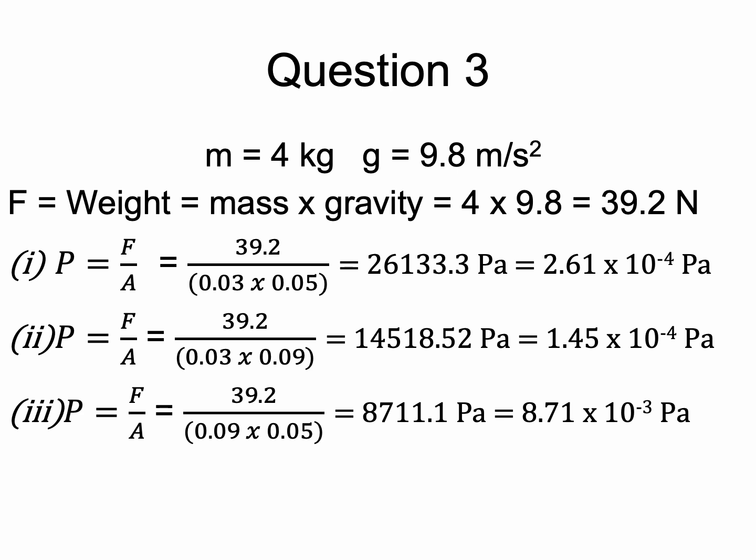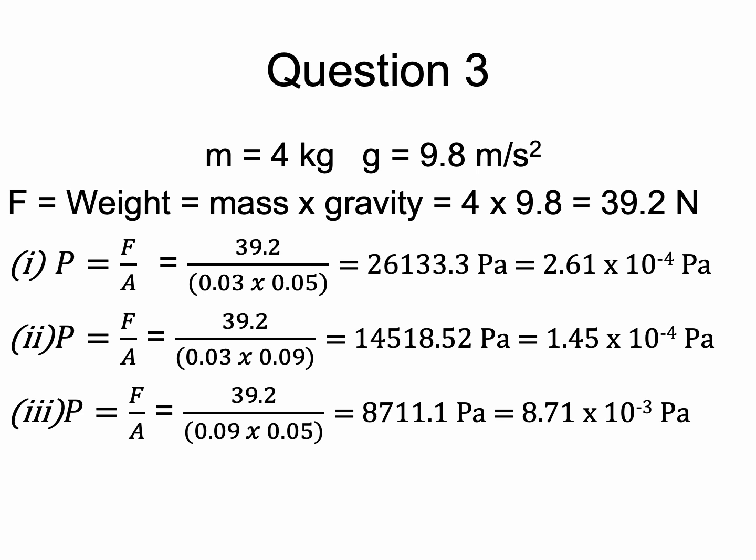First, you had to work out the weight of the block acting on the table. Weight is mass times gravity, so 4 kilograms multiplied by 9.8 gives a weight of 39.2 newtons.